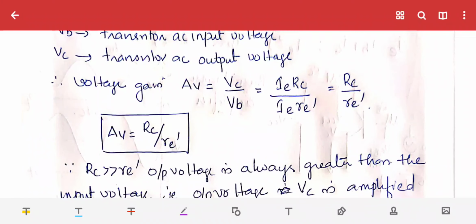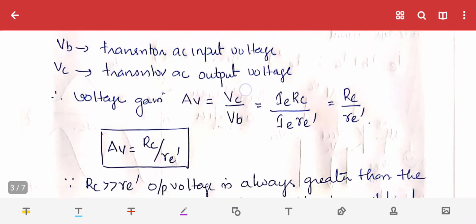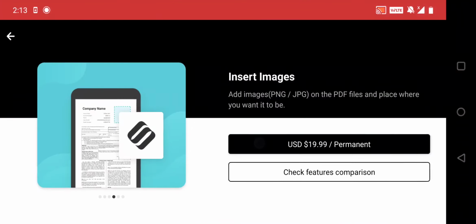So what is voltage gain? Gain means output by input. So in terms of voltage gain, it is output voltage divided by input voltage. If it is current gain, it is output current divided by input current.